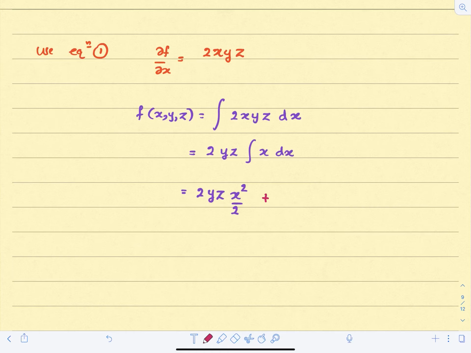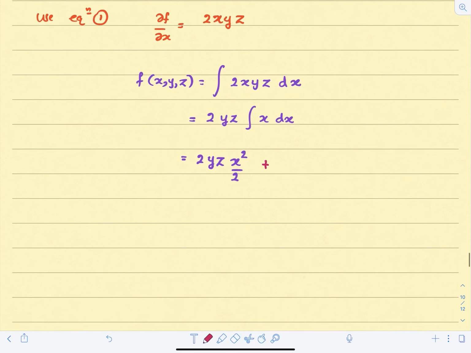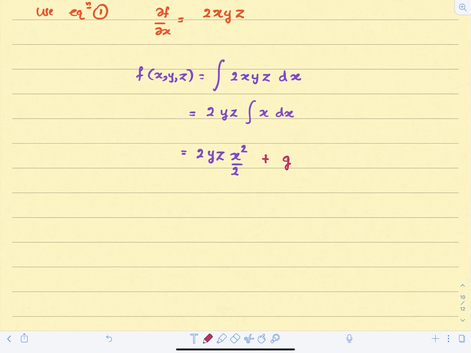In general, our function f depends on x, y, and z variables. So if you integrate something with respect to the x variable, maybe now here we should have a function g of y and z. Because in general, if we have a function that contains only the y and z variables, the derivative of this one with respect to the x variable equals 0.